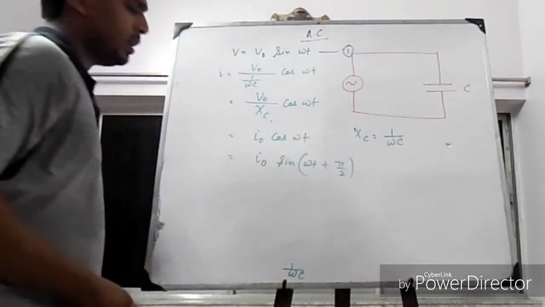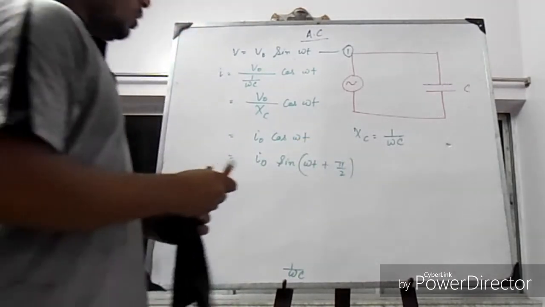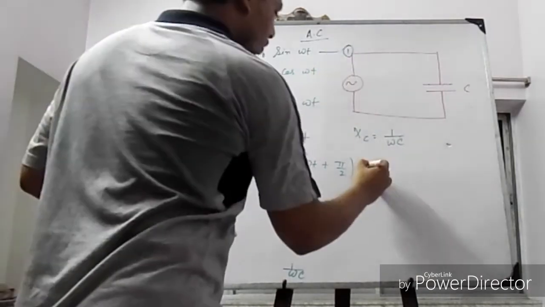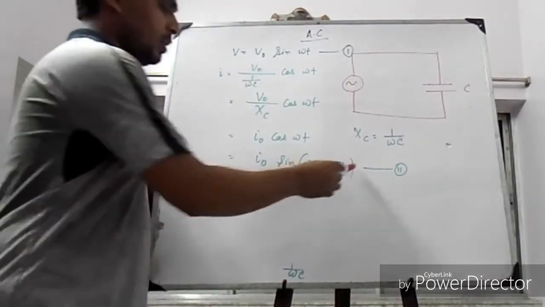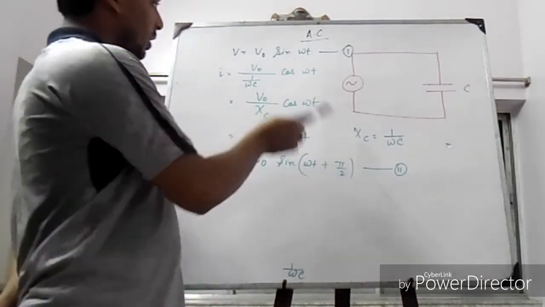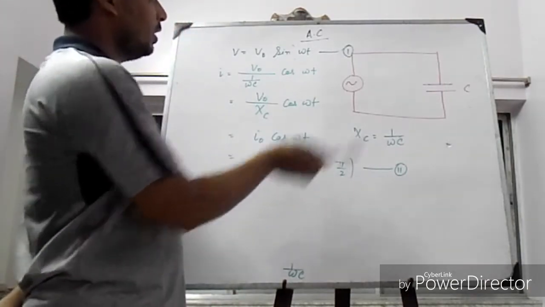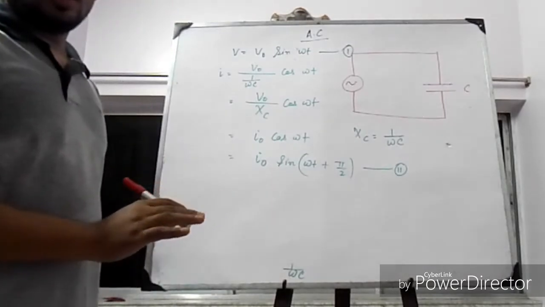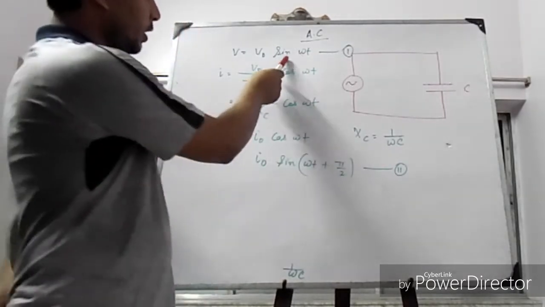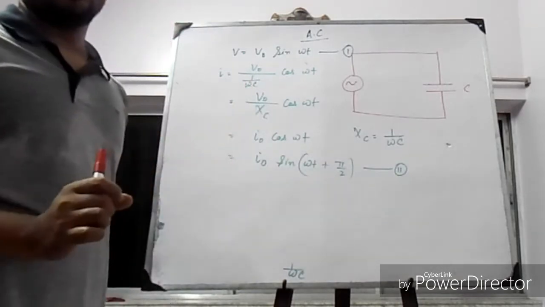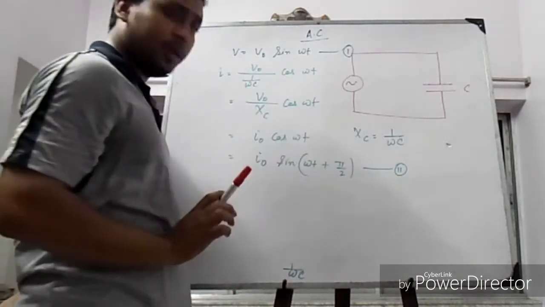In the second quadrant, sine is positive. So as evident from equations 1 and 2, the current is leading the voltage by a phase angle pi by 2. That is, voltage is lagging behind the current by a phase angle pi by 2.